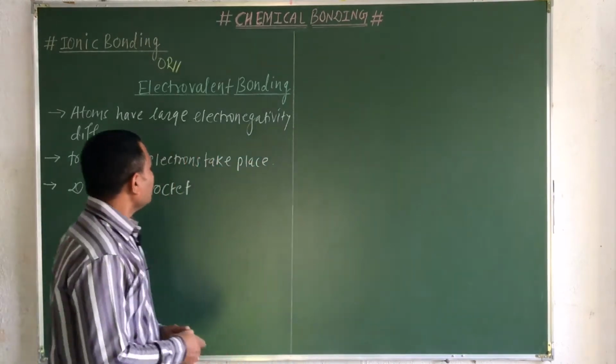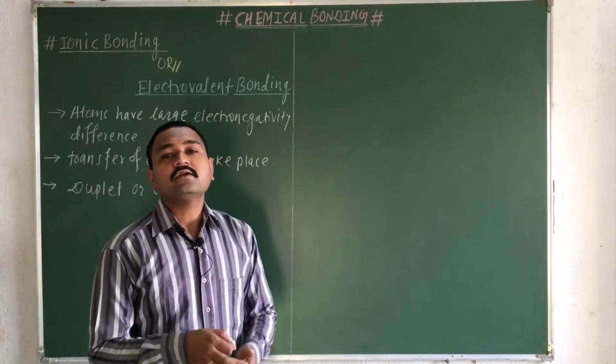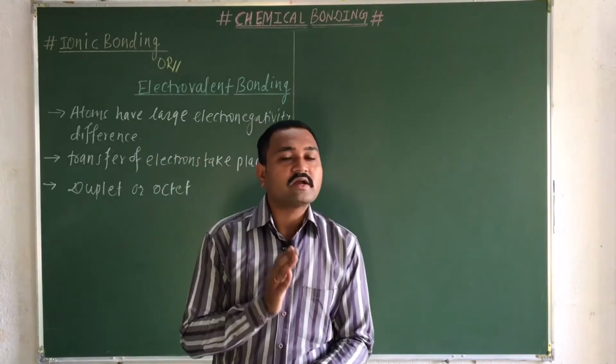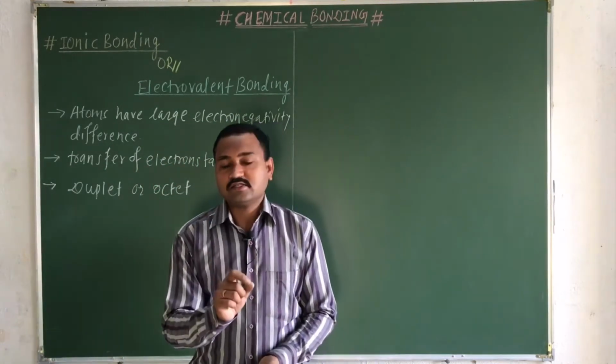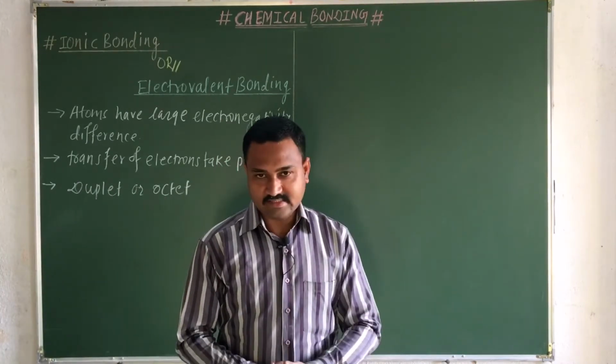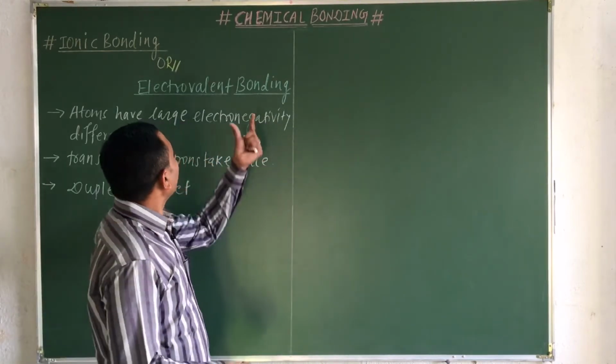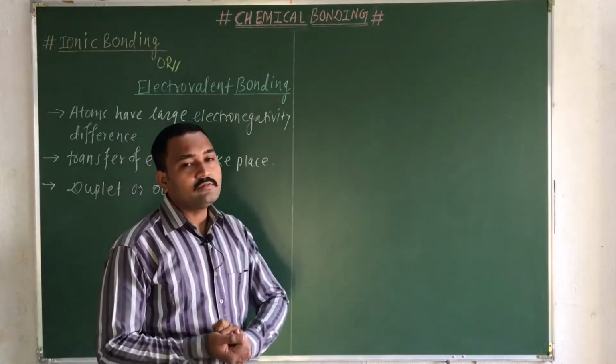You have studied the octet rule in the previous lectures. You know that every atom tries to gain stability by achieving a stable electronic configuration like the noble gases. This is another important point while considering ionic bonding.